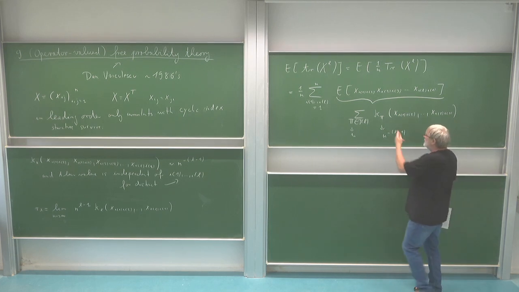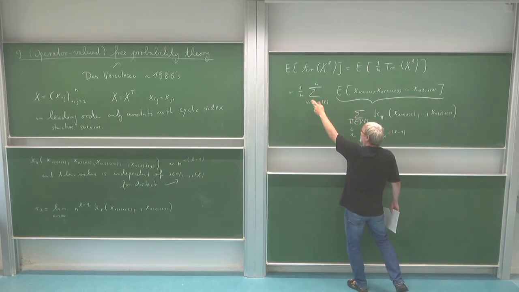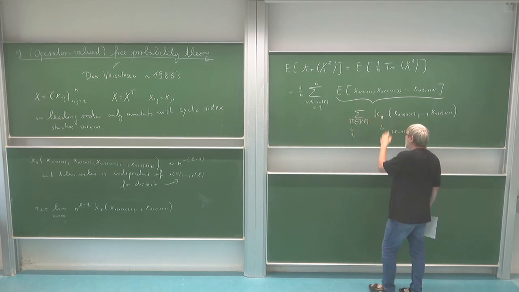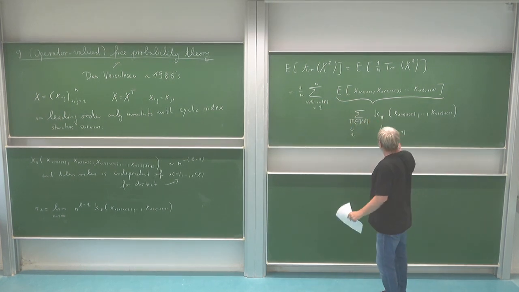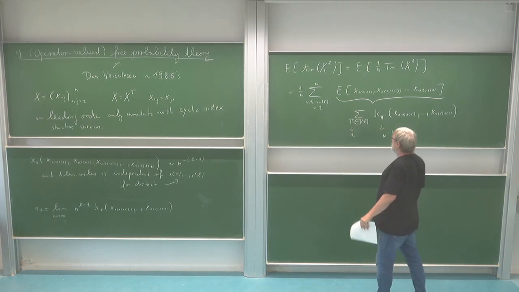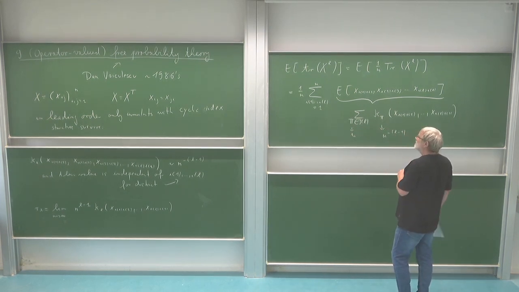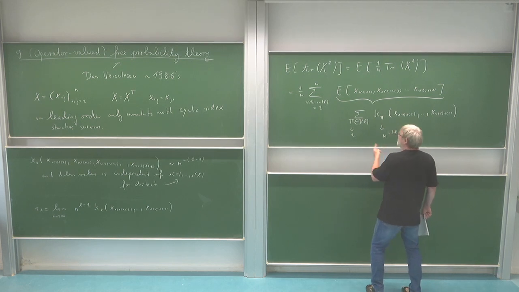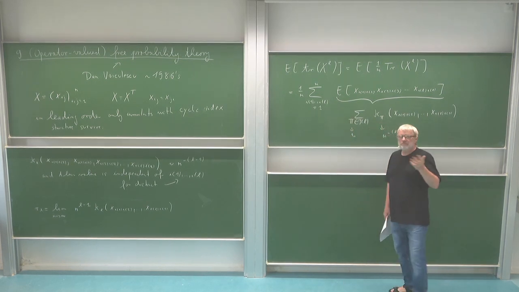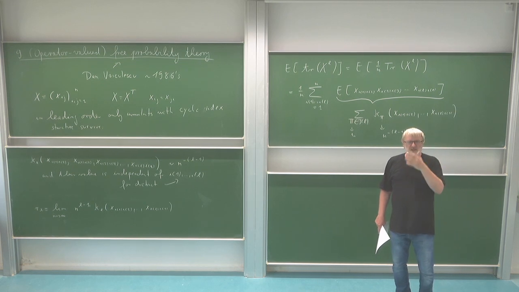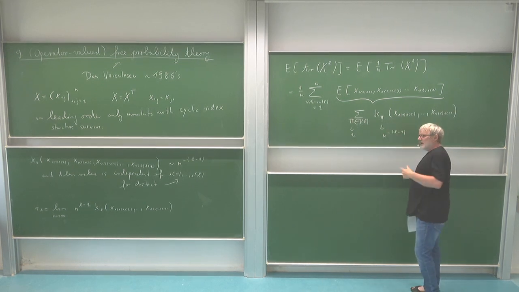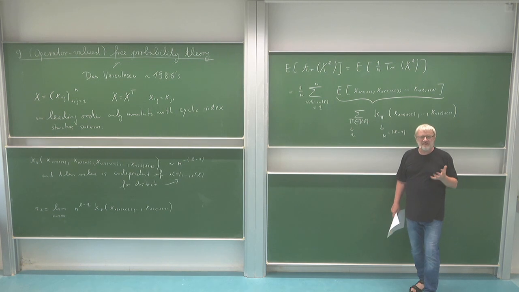Okay, but now we are summing over all i's, and it's enough to sum over the ones for which the i's are distinct. The other ones will not make a contribution here. And so you see, I have here a sum over n to the L, of the order n to the L number of terms, and each term is of the order 1 over n to the L, so the whole thing together is of order 1.